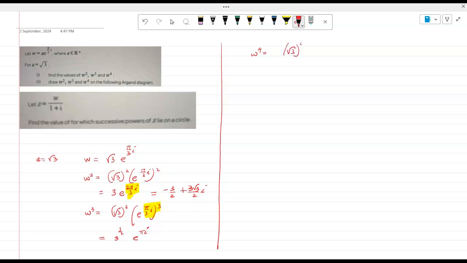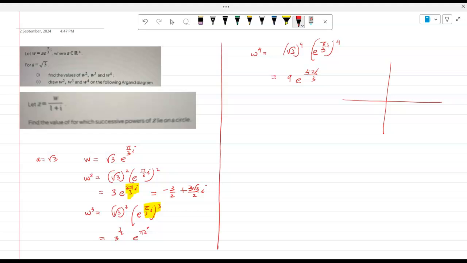Root 3 raised to 4. So that would be what? This was pi by 3. 4 pi by 3. So that's 3e raised to 4 pi i by 3. So what is happening is, if you mark this on your number line, it won't be 3, it will be 3 square, 9.